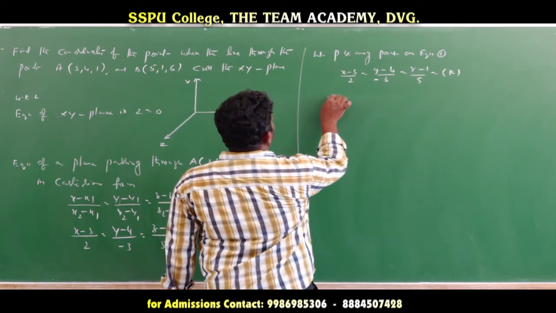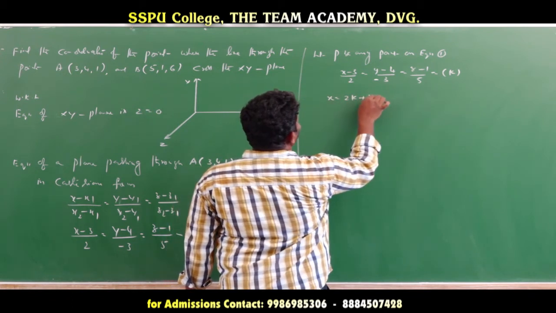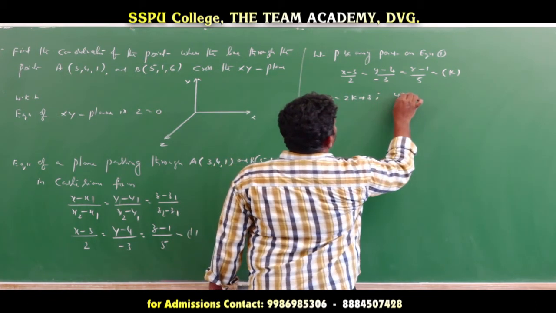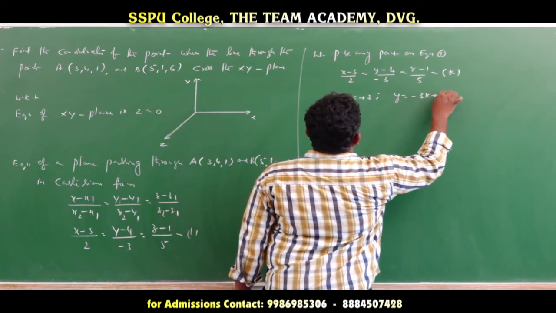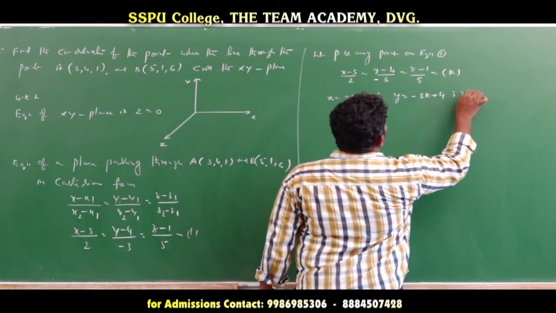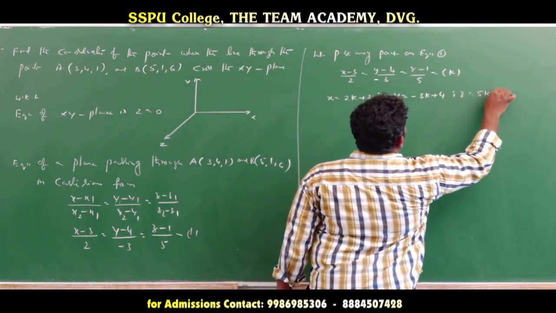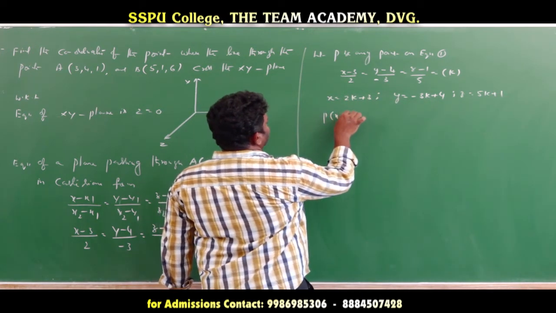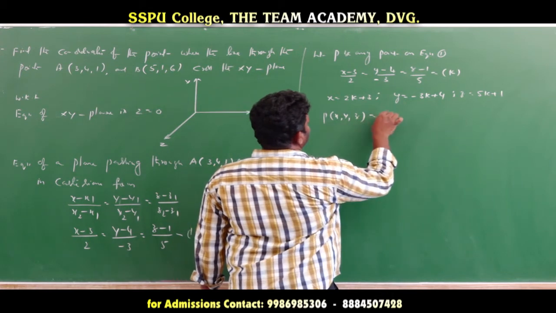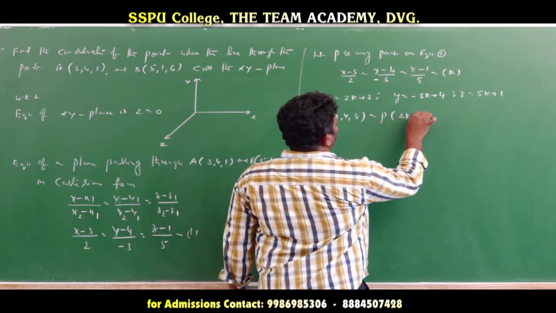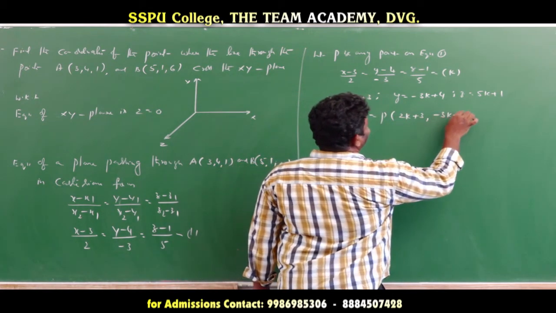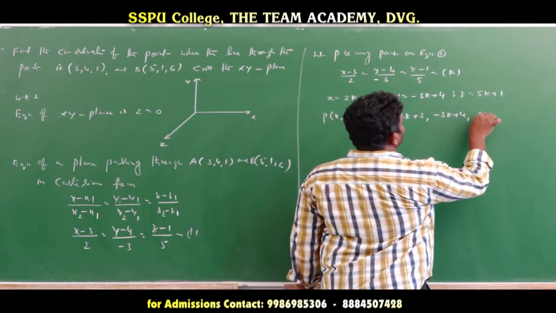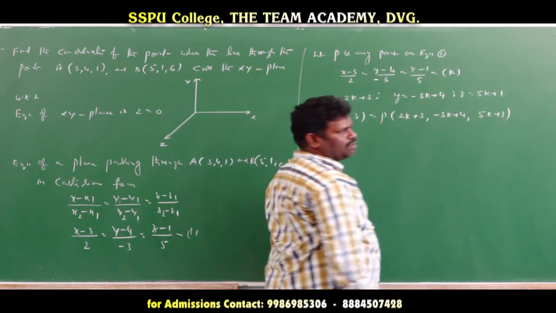Now x is equal to 2k plus 3, y is equal to minus 3k plus 4, z is equal to 5k plus 1. So the coordinates of P of x, y, z are P of 2k plus 3, minus 3k plus 4, 5k plus 1.